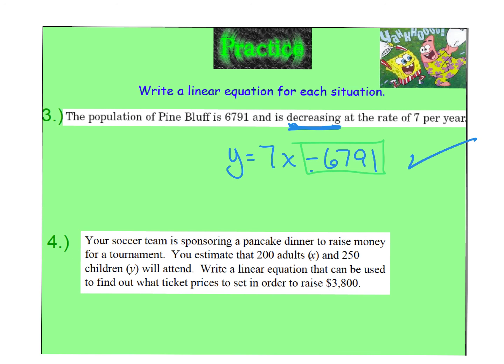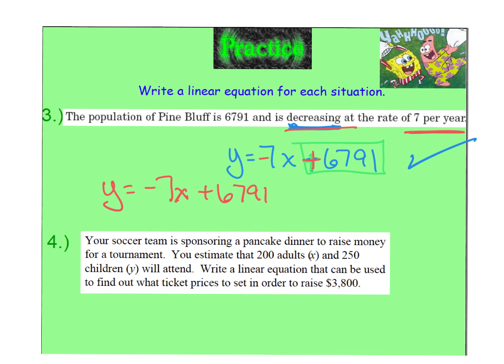You can't start at negative. This has to be a positive. Okay, I'll use red so that we can see it. What's decreasing is how much it changes per year. So that's going to be your negative. So your actual answer is y equals negative 7x plus 6,791. Be careful of this. You're going to see this on your homework and on your next test.